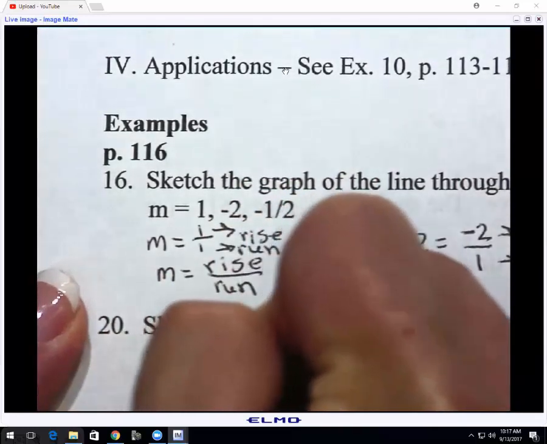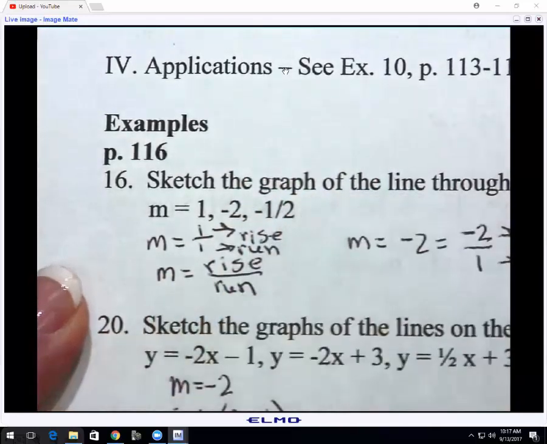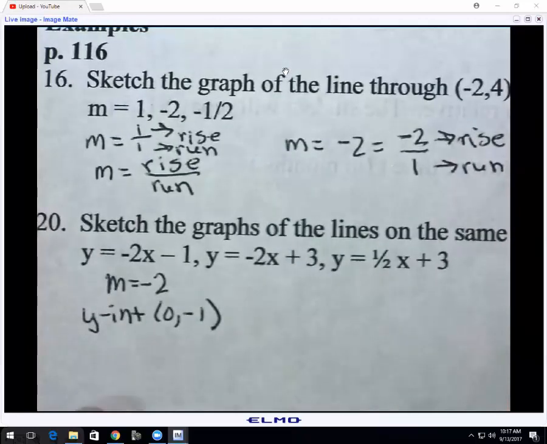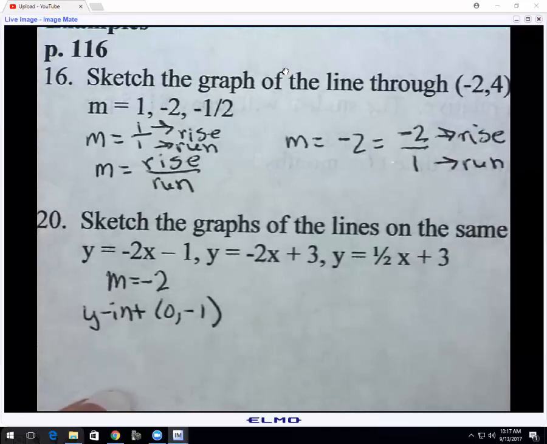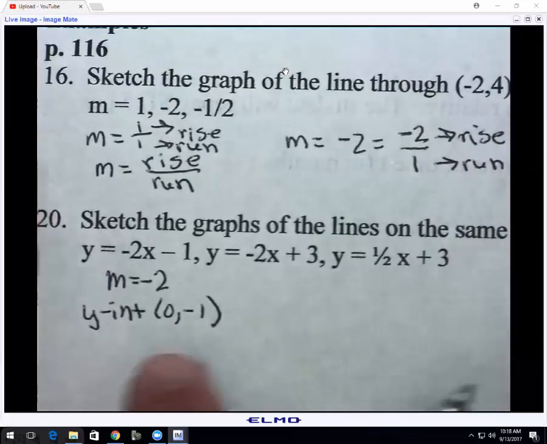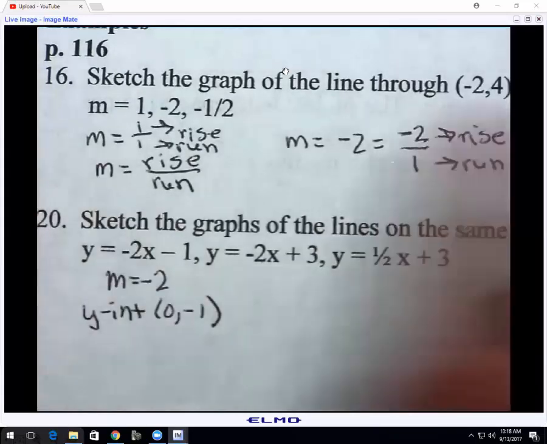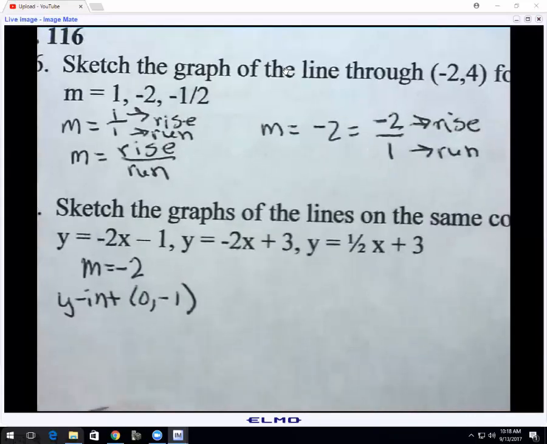If you write it as an ordered pair, it's 0, -1, because on the y-axis, the x is always 0. So we graph that just like we graphed the 3 lines in number 16. We say the y-intercept is -1. That's the point where I'm going to start.